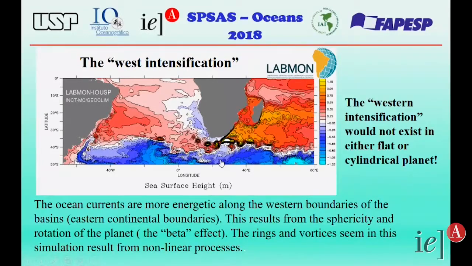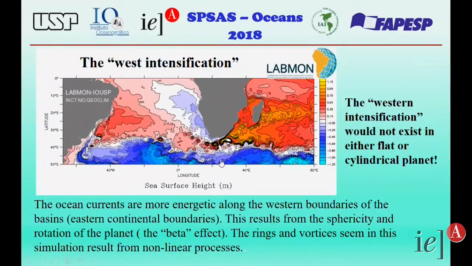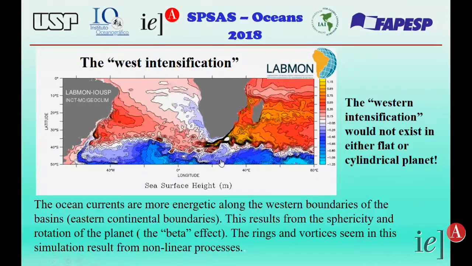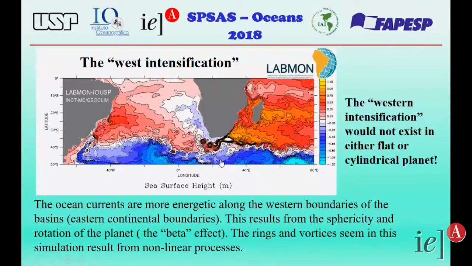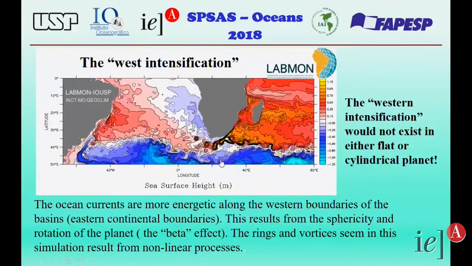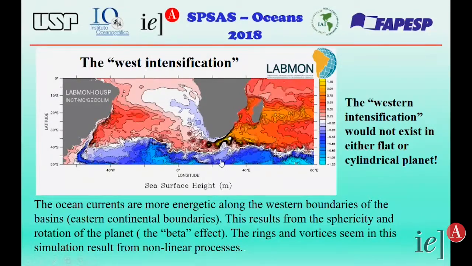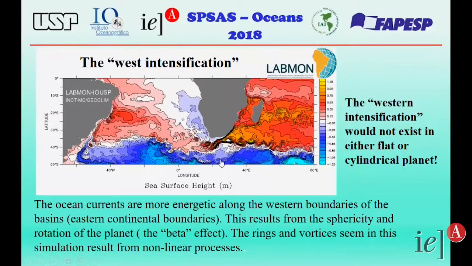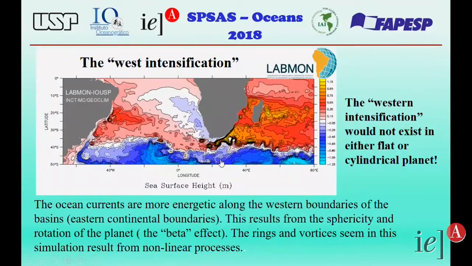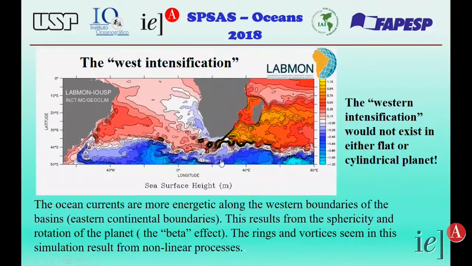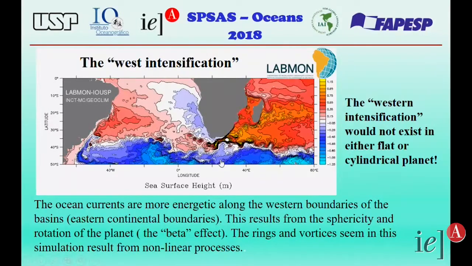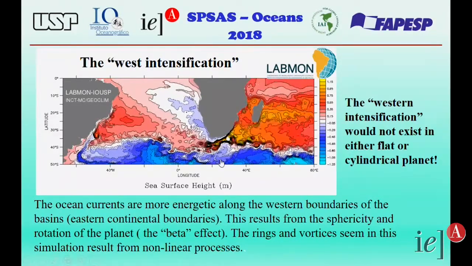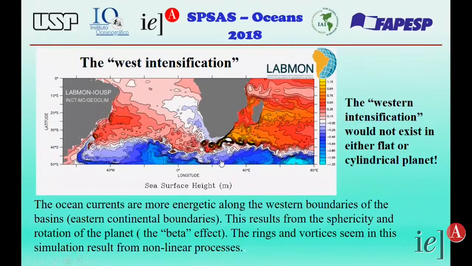If the ocean were at rest, it would have a uniform surface distribution. Because it's moving, there are regions that are above average, others are below average. The red means above, and the bluish colors mean below. So there are these differences.